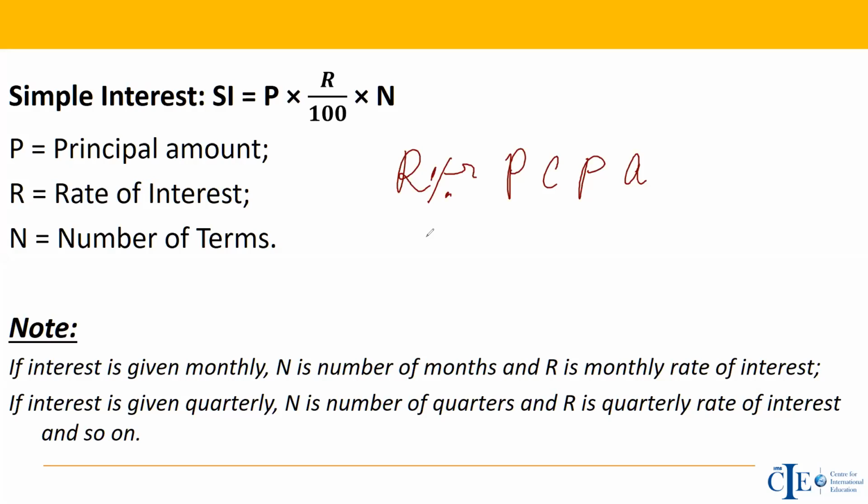If the interest is given quarterly, it is the number of quarters, and R is the quarterly rate of interest. So if it is monthly, half yearly or quarterly, R is for a year, and you take R by 2, R by 4, R by 12 as the value for your rate of interest.